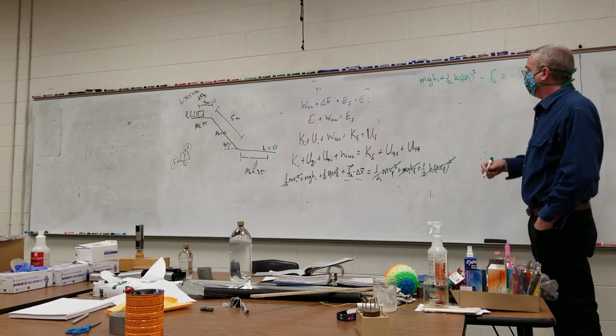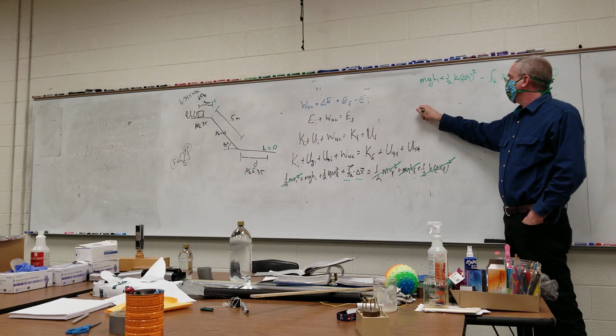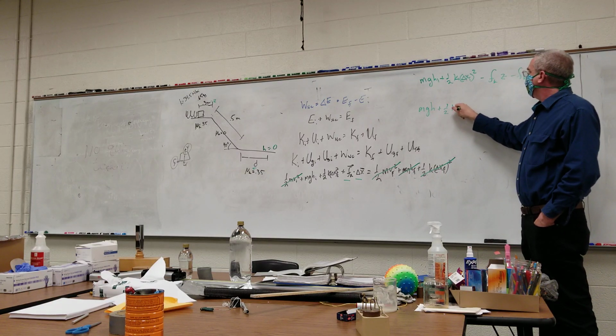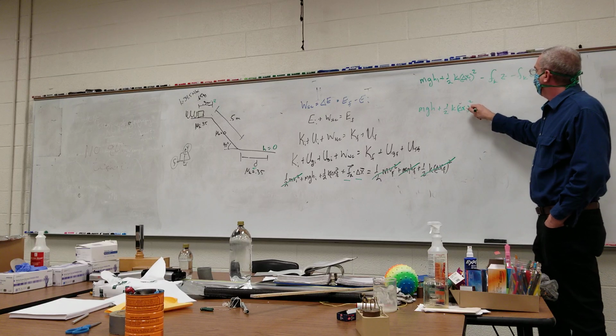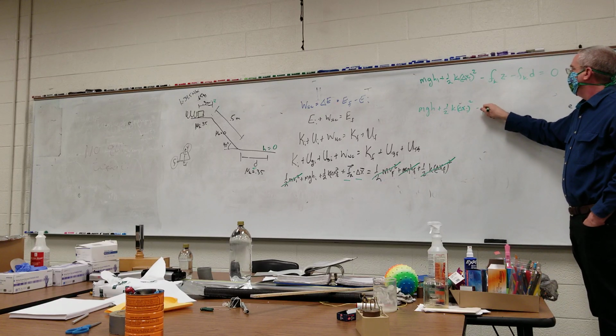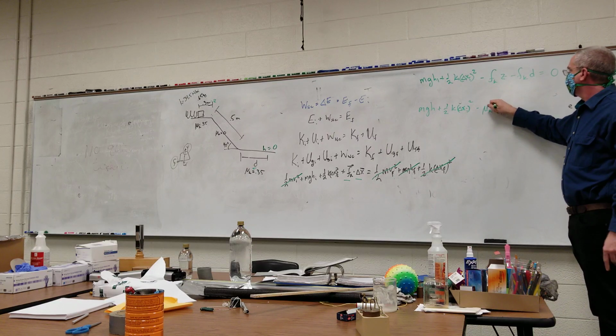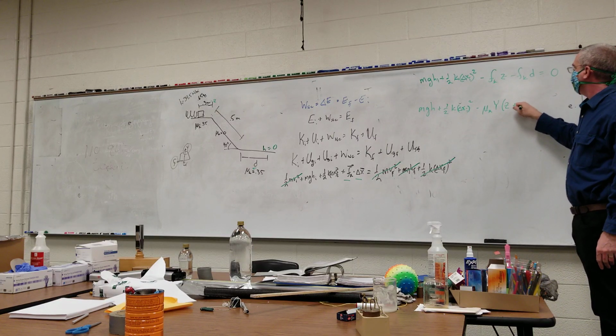We have a formula for kinetic friction. So this becomes mgh plus 1/2 k delta x initial squared minus, go ahead and factor it.